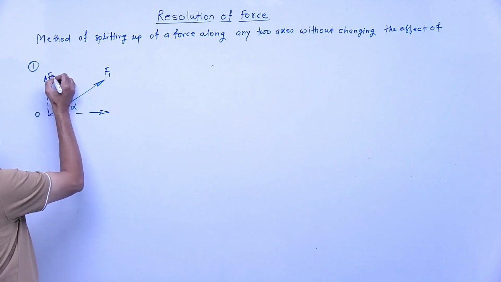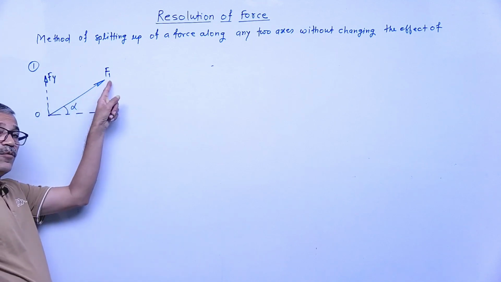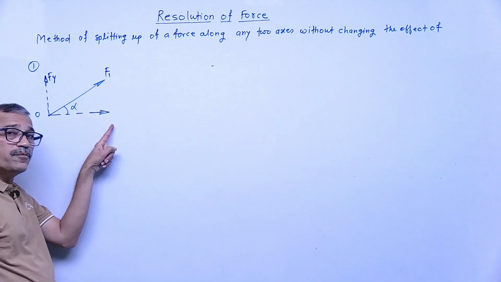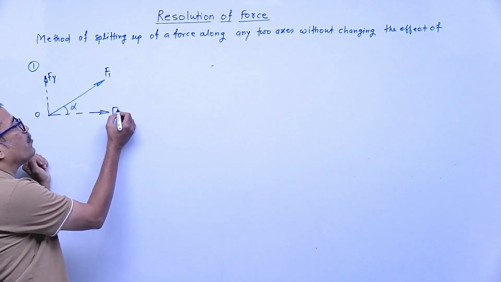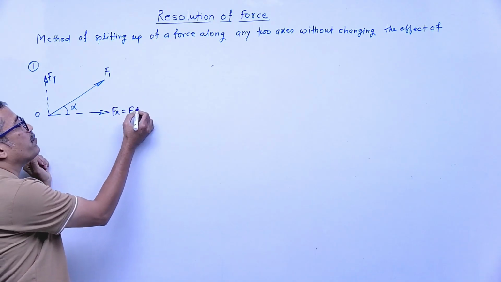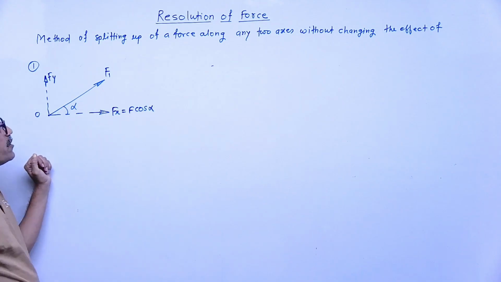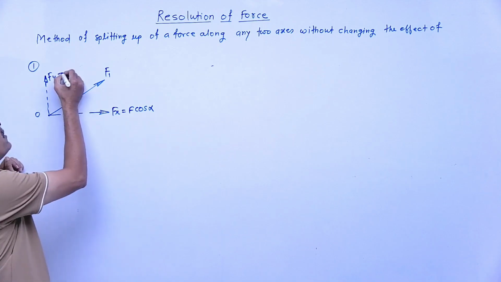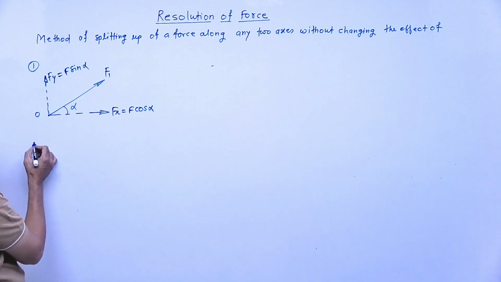As we discussed, force is acting away from O, pull in nature, so the components must be pull in nature. That means this component Fx is F cos of alpha. Angle is given with horizontal, so it becomes F cos alpha. This component is F sin alpha.